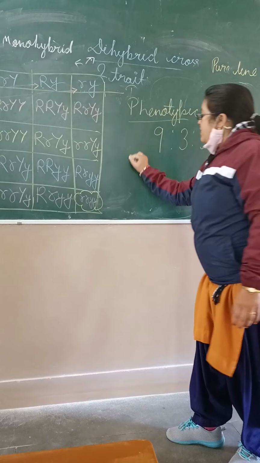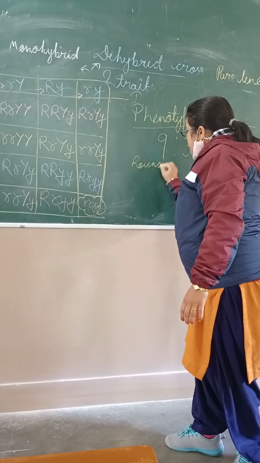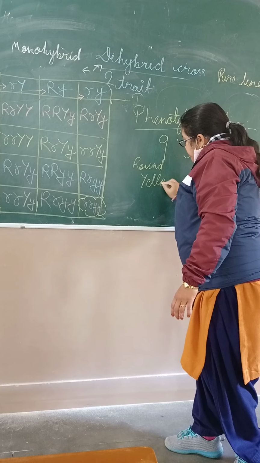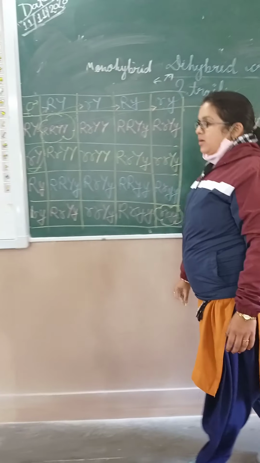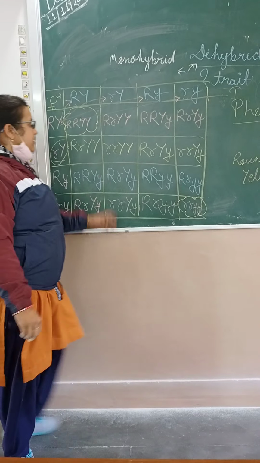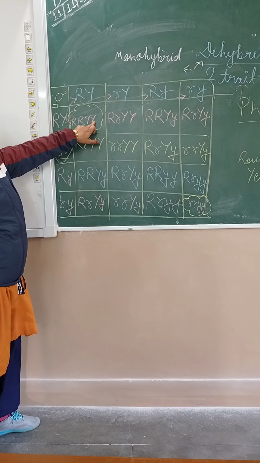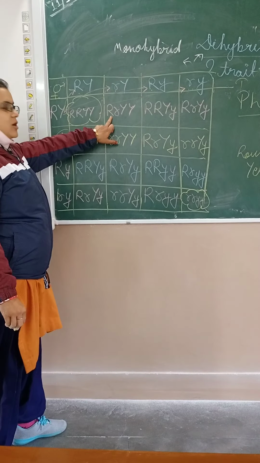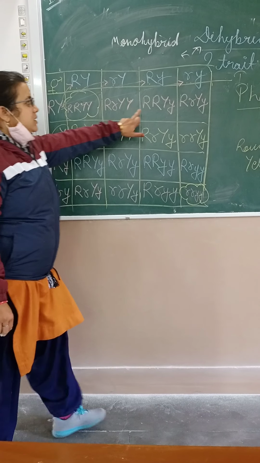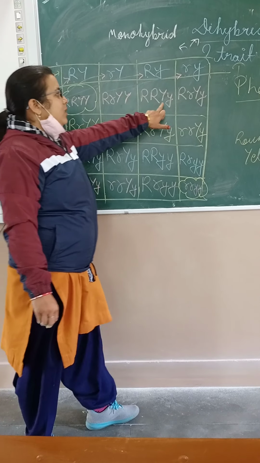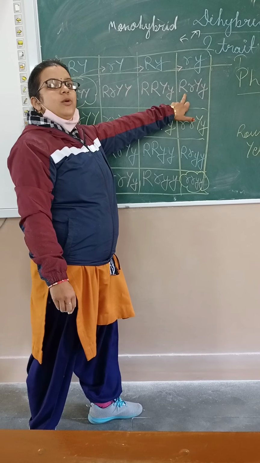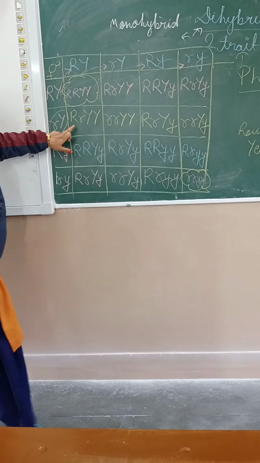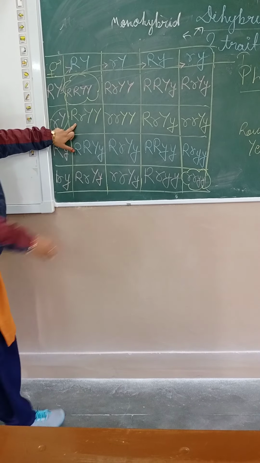Now 9 are round yellow. How will you identify round yellow? First is round yellow. Okay, this one is also round yellow. This one also round yellow. This one also round yellow. Okay. This one also round yellow.